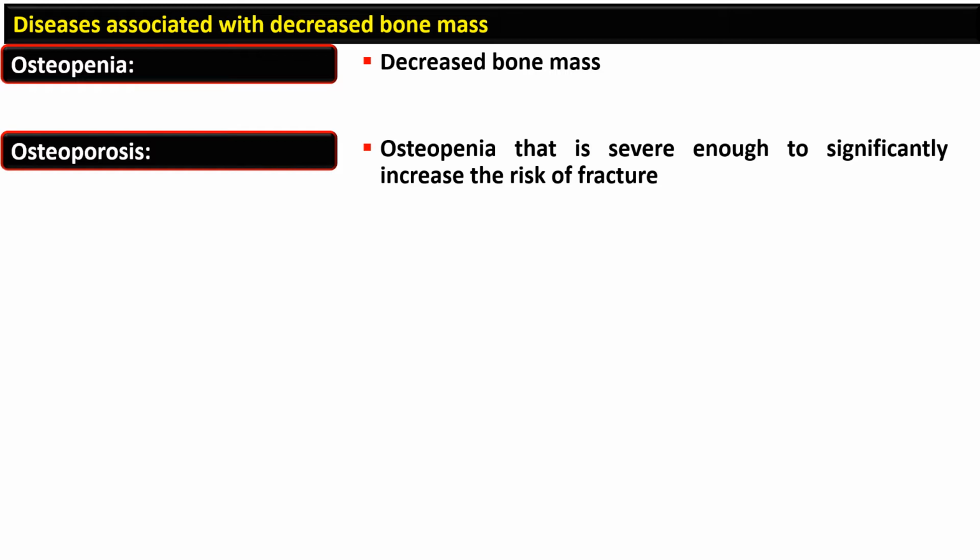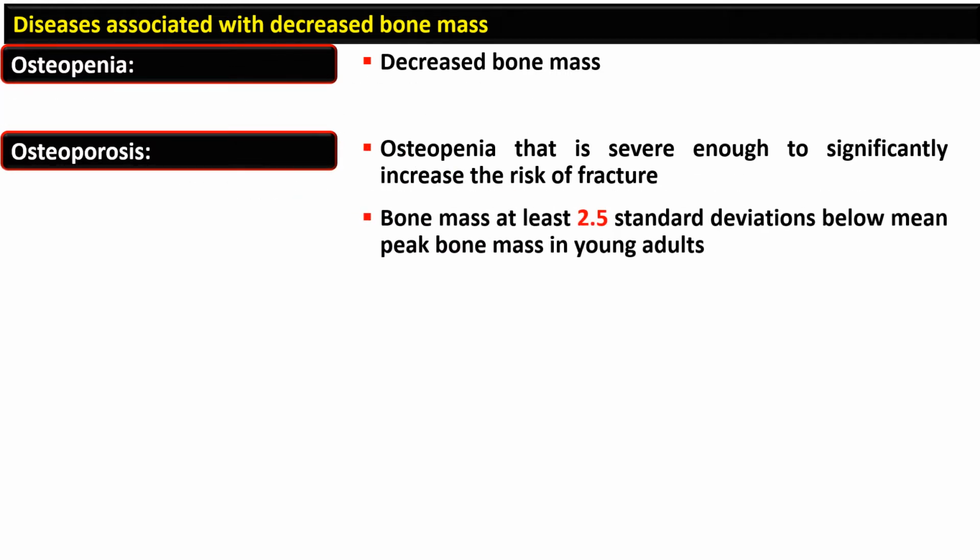The extent of decrease in bone mass is important, because in osteopenia the decrease in bone mass is only 1 to 1.25 standard deviations from normal, and in osteoporosis the bone mass is decreased significantly, 2.5 standard deviations below the mean peak bone mass in a young adult.